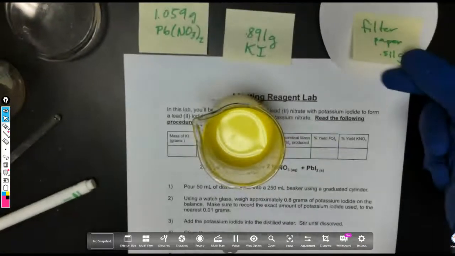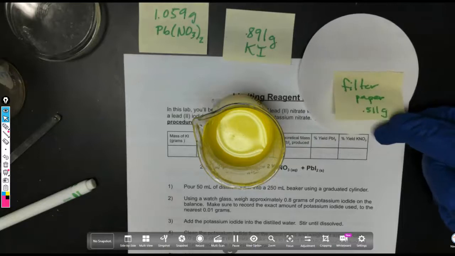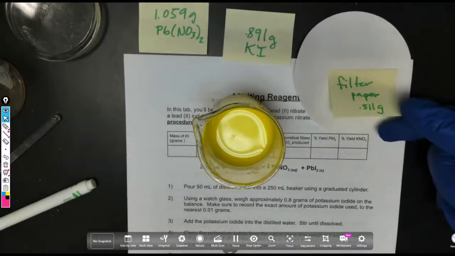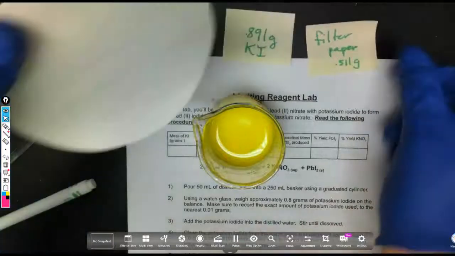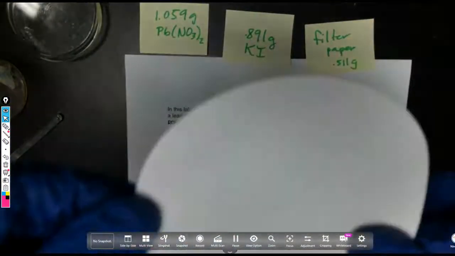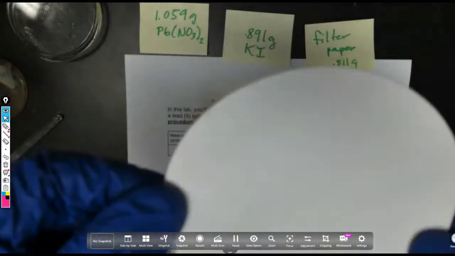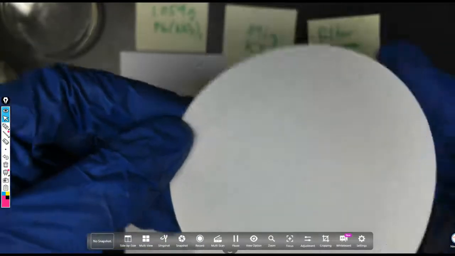Okay, so I have also obtained a piece of filter paper, which you should make note on the side of your laboratory that the filter paper mass is 0.511 grams. After we get done using our filter paper and collecting all of the solid, we will want to subtract the mass of the filter paper from the total mass of the solid that remains in the filter paper after we dry it.